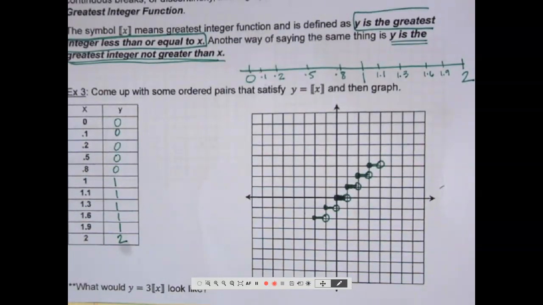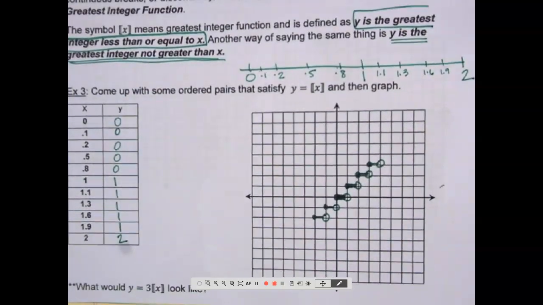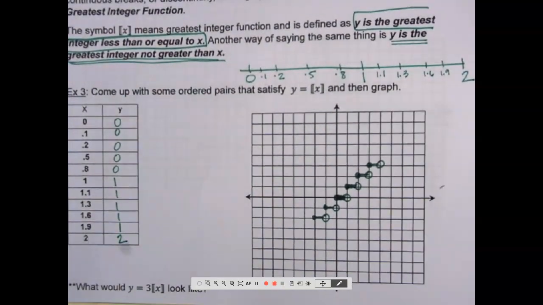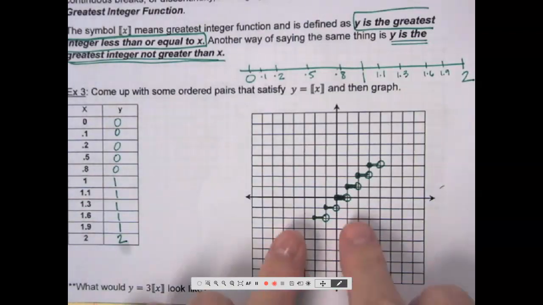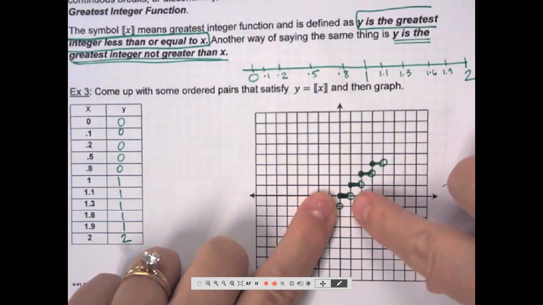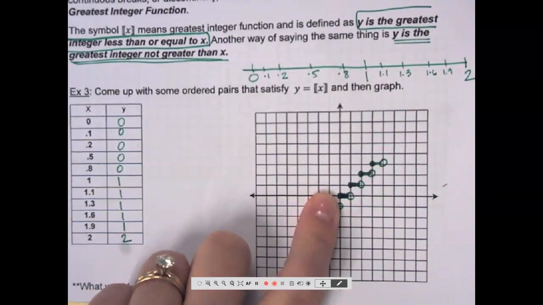Way back before you guys were born, cell phone bills were based on a similar setup. So your bill was based on how many minutes you talked. So let's say that between 0 minutes and 1 hour, you would be charged this amount. So like if your minutes were between 0 hours and 1 hour, you had this basic fee.